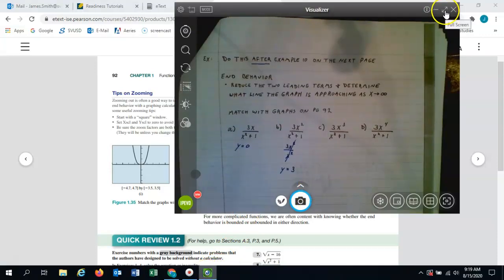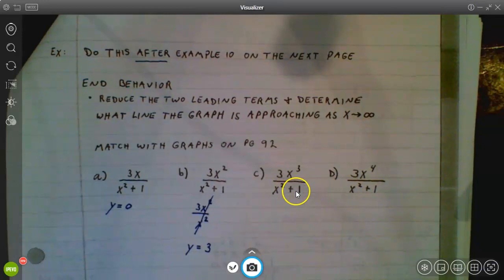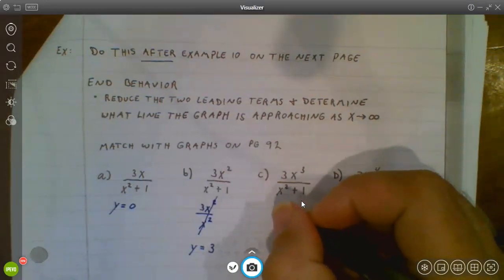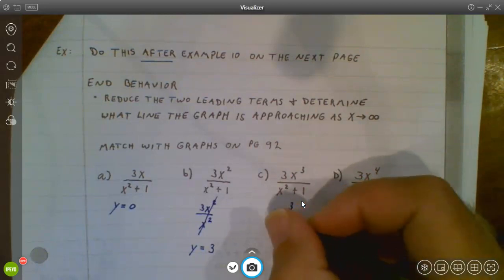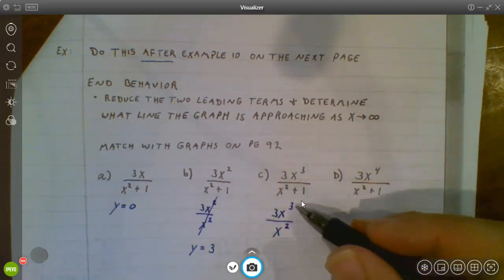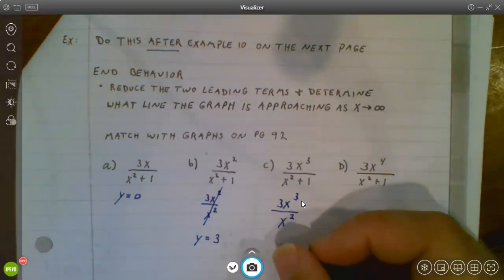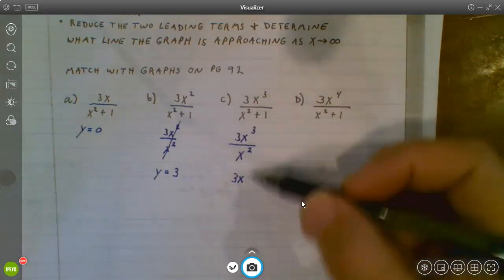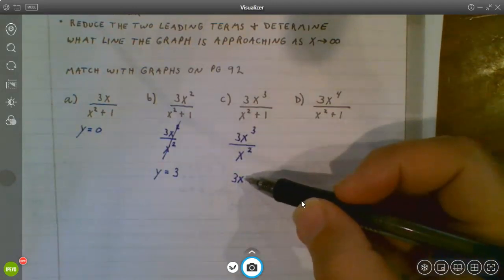On this one, in both of these cases, if I take the leading term over this leading term and reduce it, I come out with just 3x. That means the graph of this should be approaching this line as I move to the right.